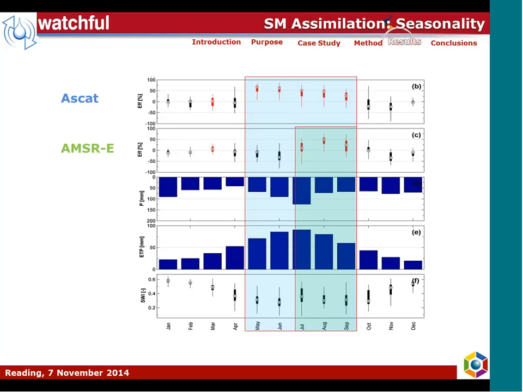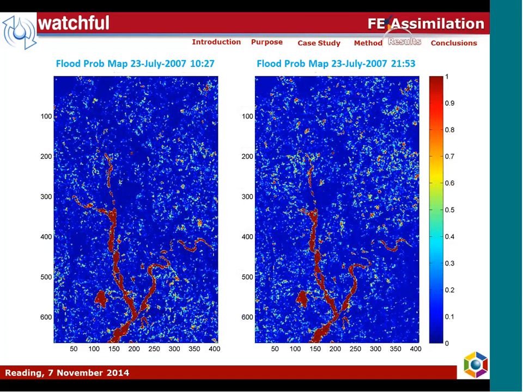But it's then in these, let's say, wet and rainy periods, or wet and hot periods, where in fact you can make a difference by assimilating soil moisture, because you can tell the model how close you are to the critical thresholds that contribute to the generation of a flood peak.